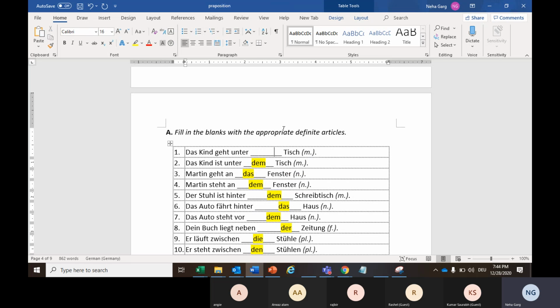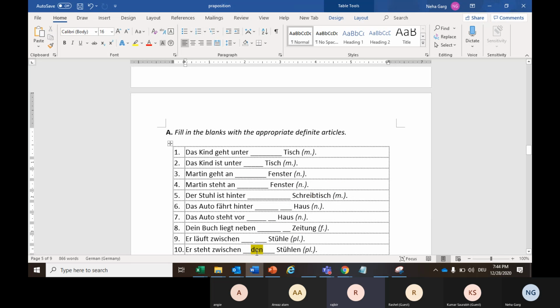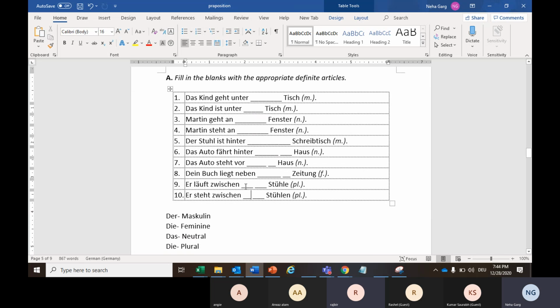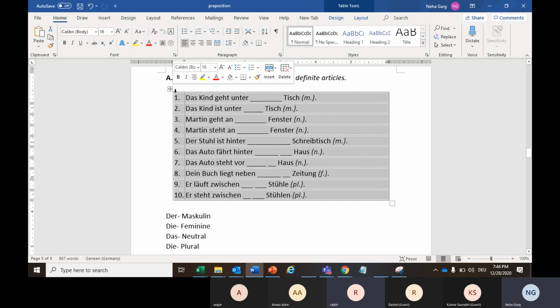Just quickly take 5 minutes and do this exercise, and then we'll discuss the answers. Just read the sentences, write the answers in your copy, and then we'll discuss the table.